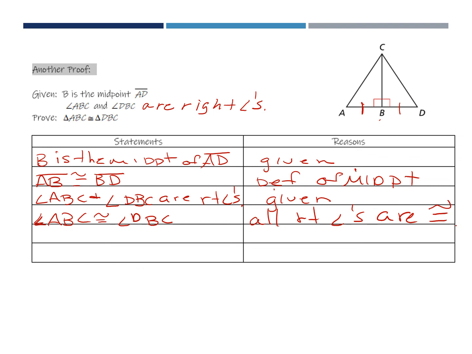So now I've got a side, I've got this angle, and now I need my other side, and here comes our friend, the reflexive property. CB is congruent to CB, okay, and that's by reflexive. And so now I've got my side, my angle, and my side.